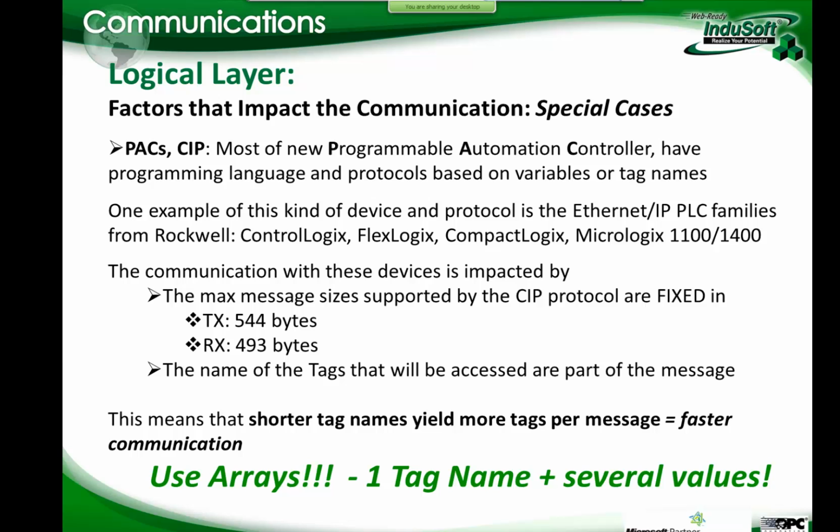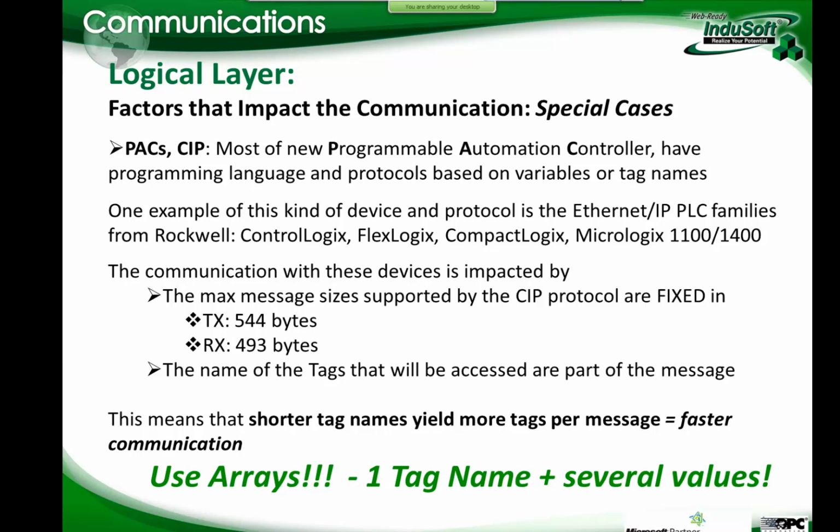We have GE Fanuc coming up with tag-based PLCs as well, and the Siemens S7-1200. So more and more you see PLCs out there that, instead of using the concept of a memory address, use a tag name on the PLC. And for those devices, depending on the protocol, you have different ways to communicate.